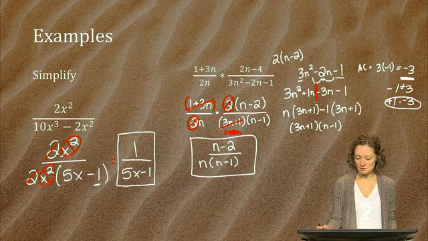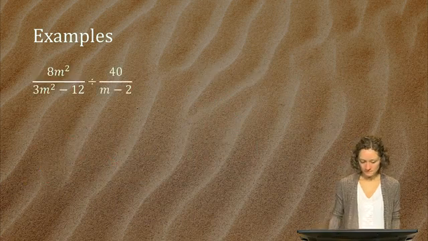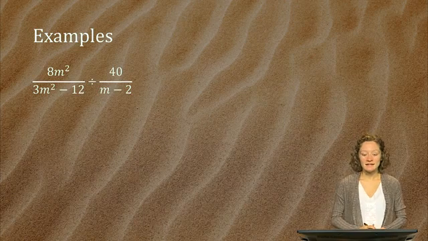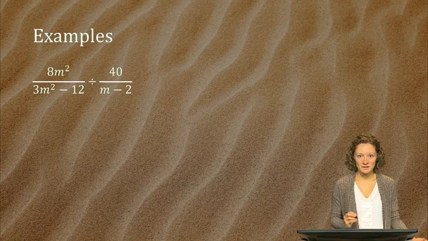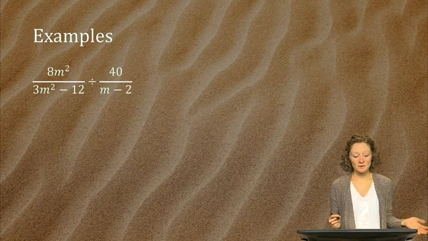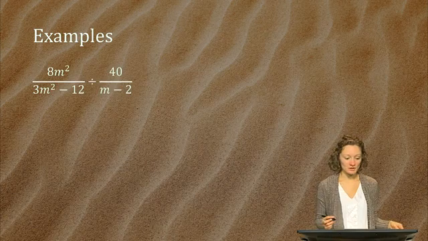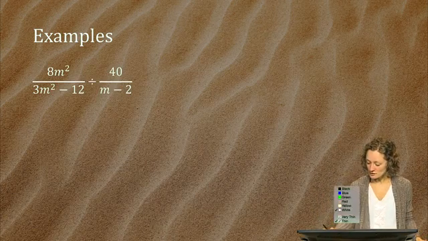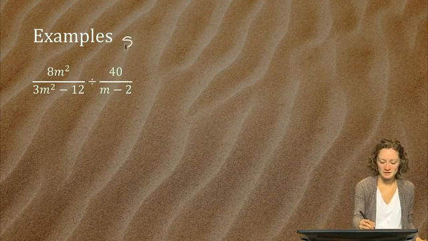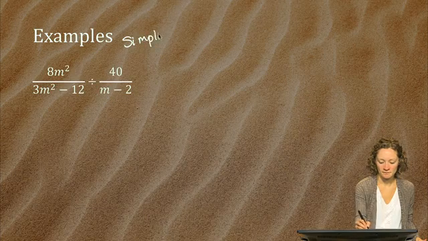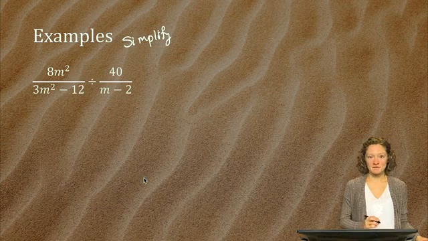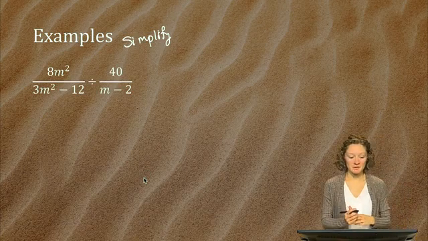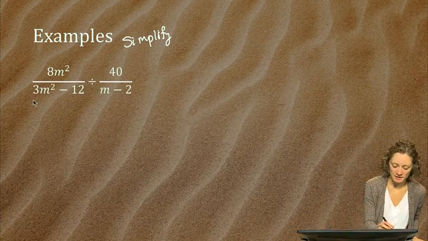Okay, so there is a simplify problem, and the directions are still simplify, but this was a multiplication problem. Now let's look at a division problem. 8m squared over 3m squared minus 12 divided by 40 over m minus 2. The first thing we can do with a division problem, since our goal is still to simplify, is use keep, change, flip to change this to multiplication.